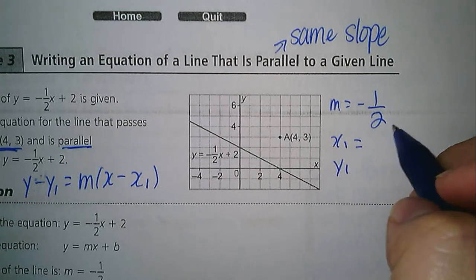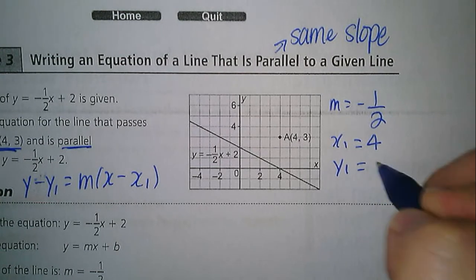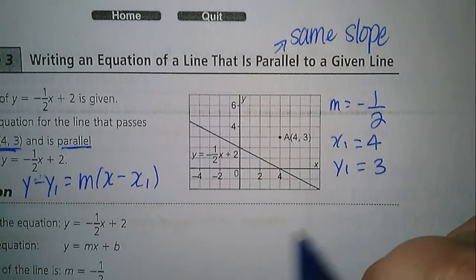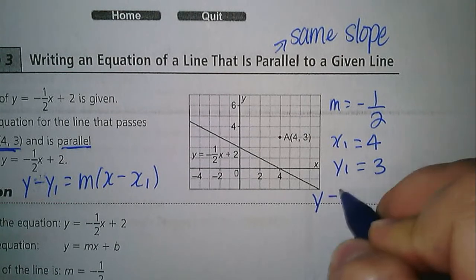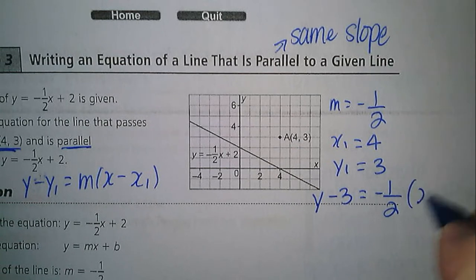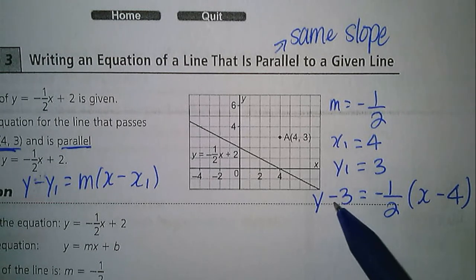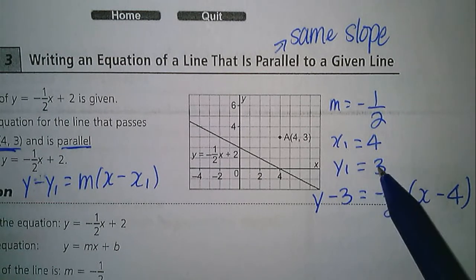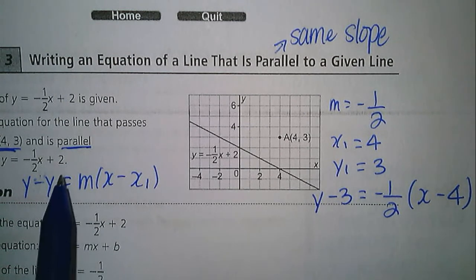My x1 point that they gave me was 4. My y1 point that they gave me was 3. So let's plug all that back into that slope point form. Y minus 3 equals -1/2 x minus 4. Okay, so remember again, good way to check, the signs here should be opposite what they were here. That means that we put in the correct information. So this would be a line that is parallel to this line.